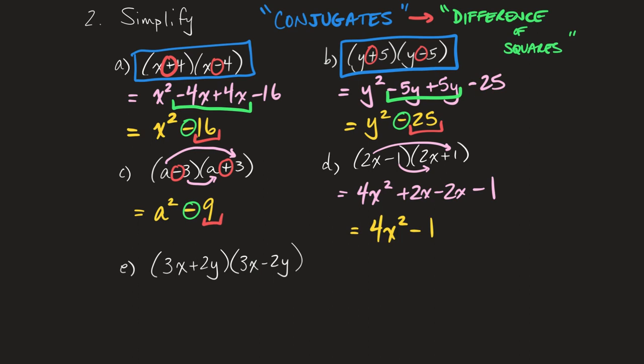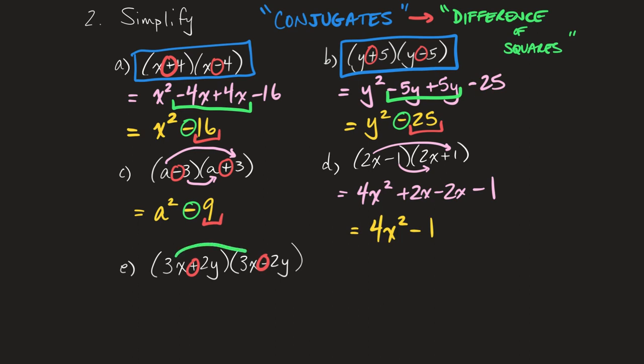What I mean is, I would ideally love for you to take a look at the expression in E. 3x plus 2y times 3x minus 2y. And our first look go, hey, I've got opposite signs between the exact same terms. I have conjugates. And I know when I expand conjugates, I get a difference of squares.